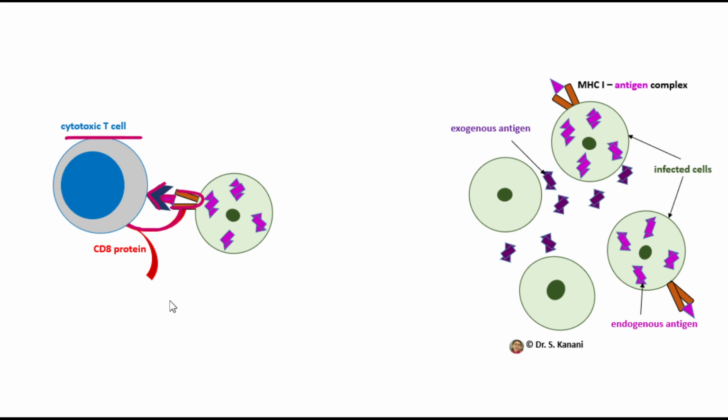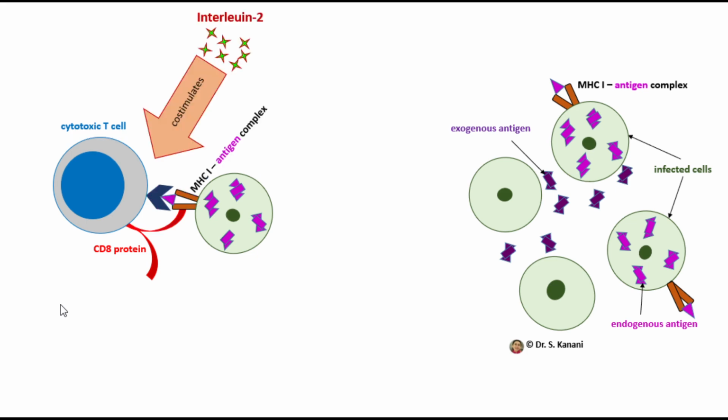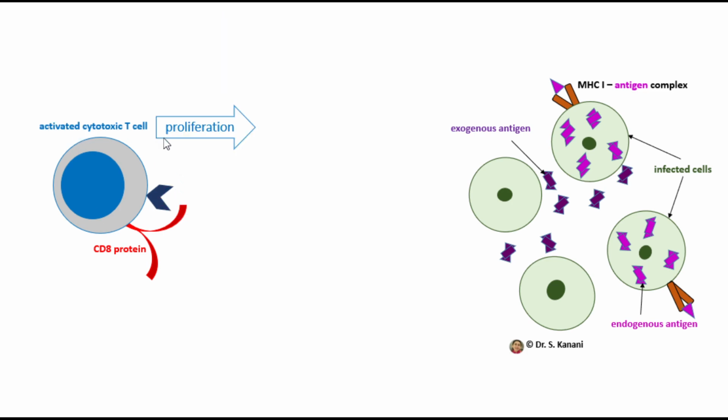And to fully activate this cytotoxic T cell, we need a co-stimulator, which we know the major co-stimulator for activation of cytotoxic T cell is released from active helper T cells, and it's called interleukin-2. So now that the cytotoxic T cell read and identified the MHC-I antigen complex and received interleukin-2 as the co-stimulator, the cell is going to multiply very rapidly.